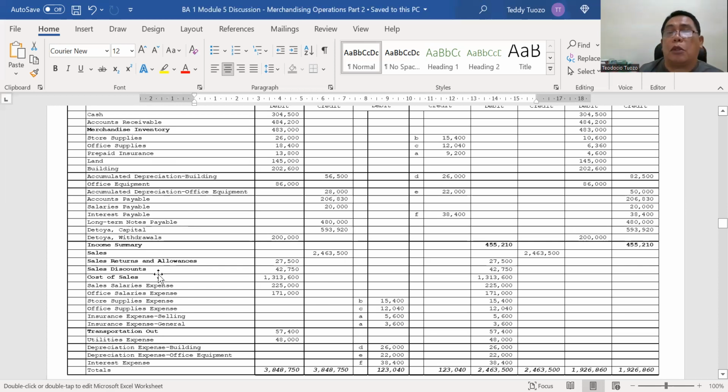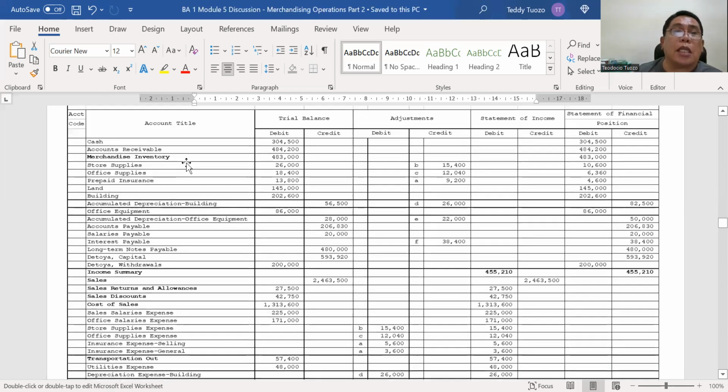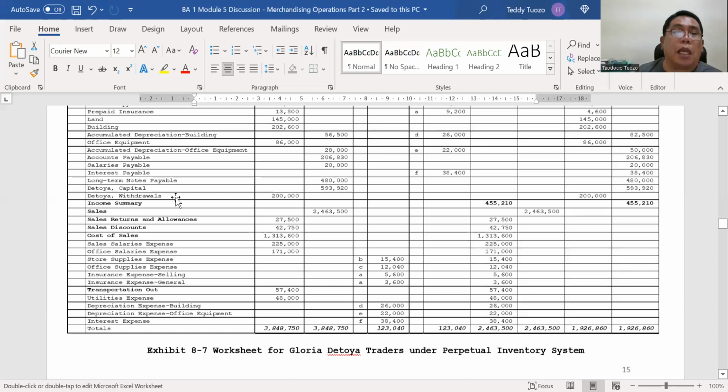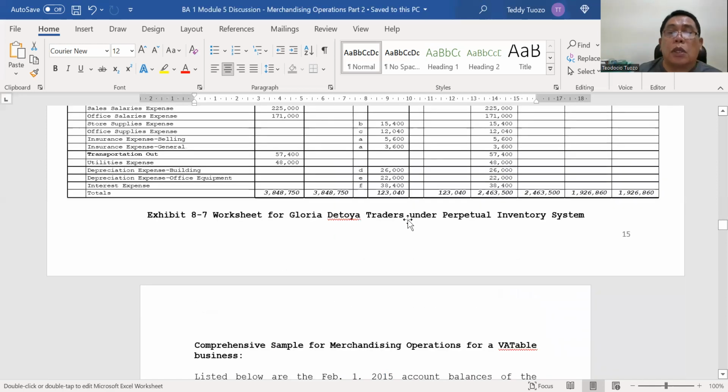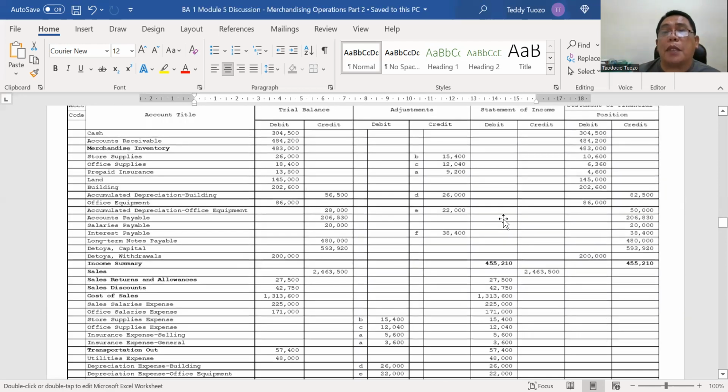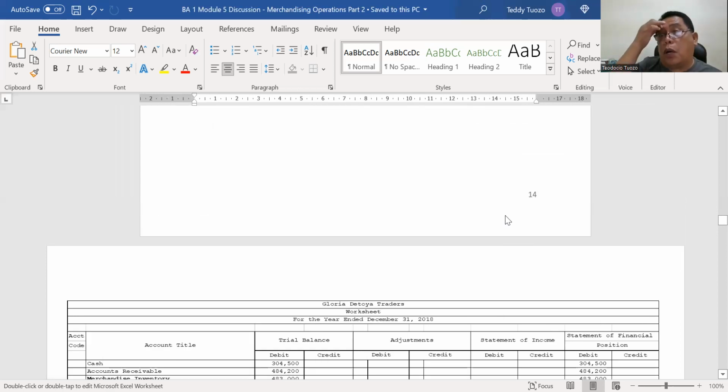Transportation in, purchases, purchases returns and allowances, and purchases discounts are gone, because under the perpetual inventory system they were credited directly to the merchandise inventory account, and purchases are debited to merchandise inventory. So if you notice, the net income is still the same using the perpetual or the periodic inventory system.